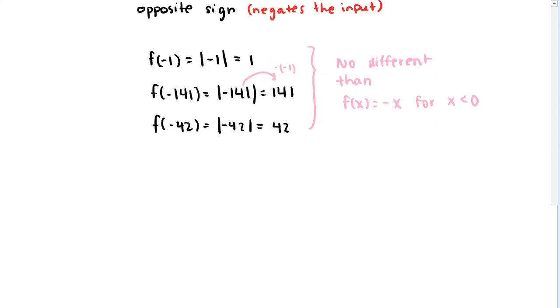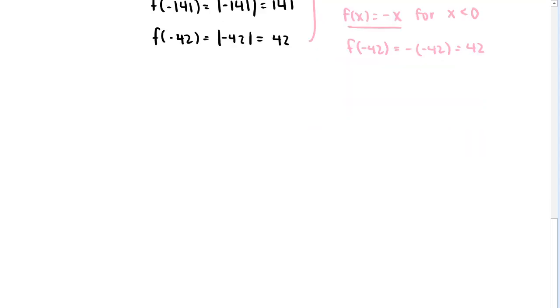Just to really illustrate this point, notice that if we were talking about f of x is equal to negative x, then f of negative 42 would be the negative of negative 42, and we get positive 42, just like our absolute value function.